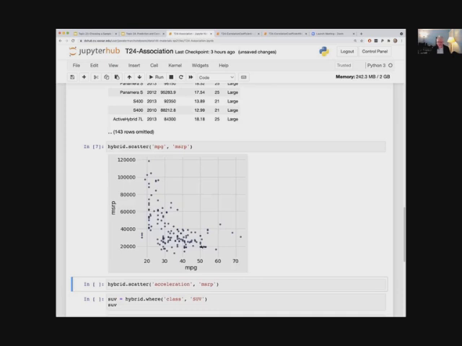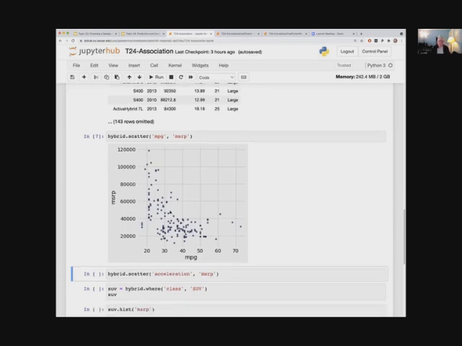Parts of it kind of look linear, but it looks like a curve, right? As the miles per gallon increases, it slopes and has a little bit of a curve to it. But there's definitely a negative association, and that seems kind of interesting at first.